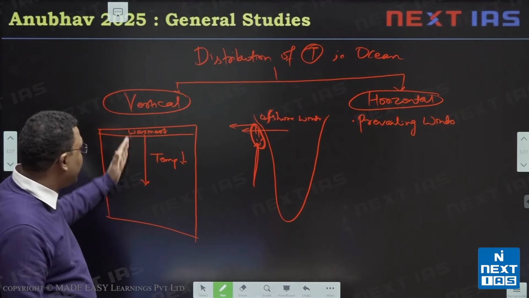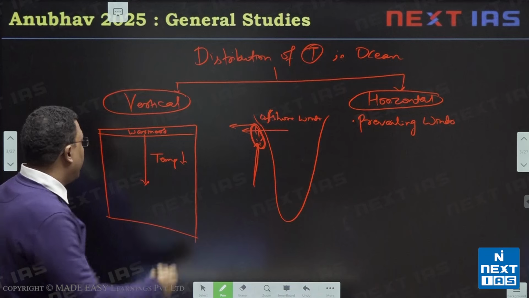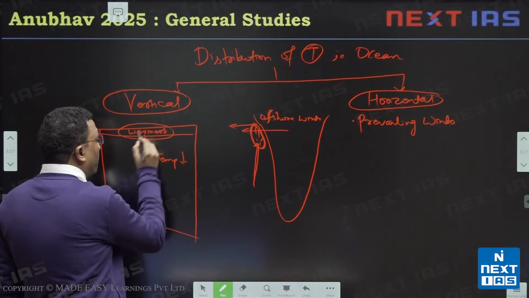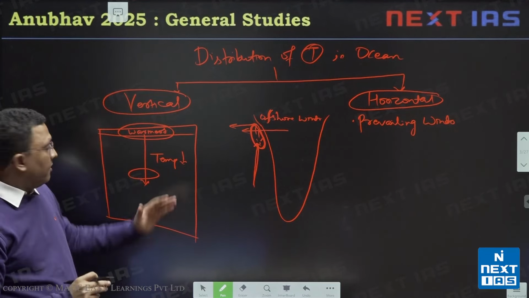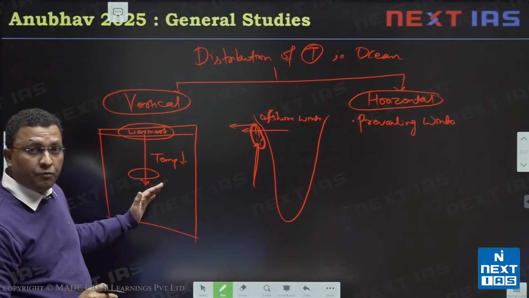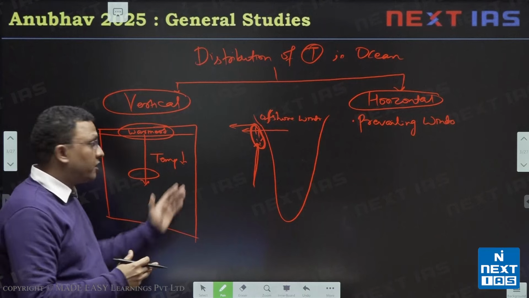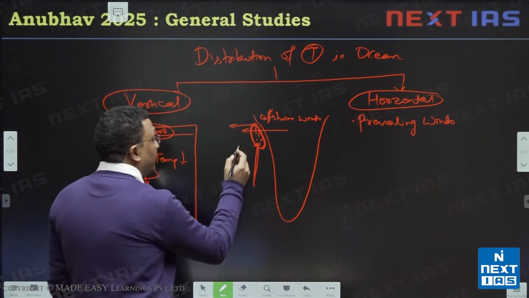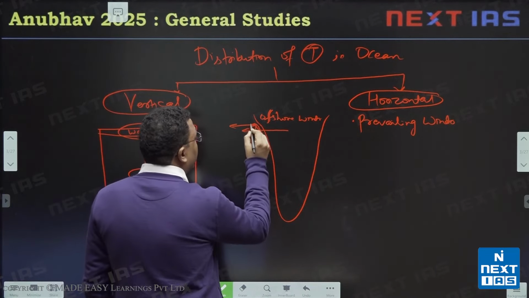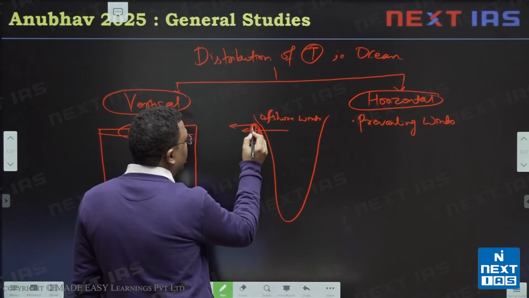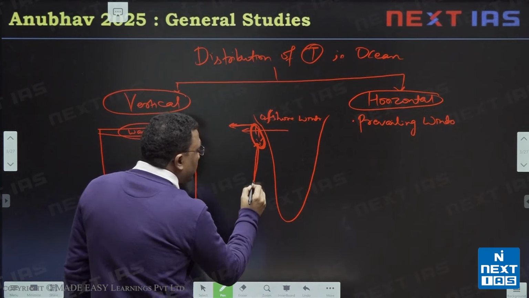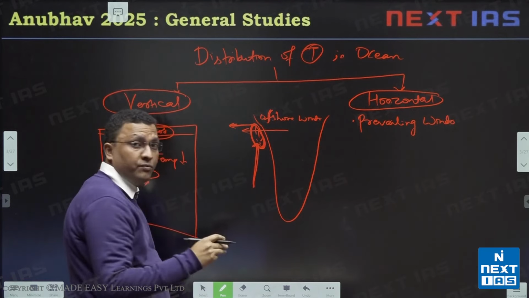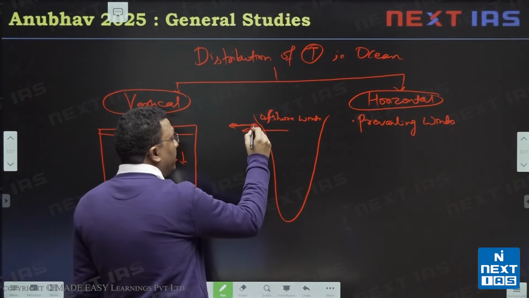Now we have already seen in the vertical distribution that surface water is warmer, and as you go deep down, the water below the surface will be colder as compared to surface water. So here surface water is moving away from the coast, that means warmer water is moving away, and water from below the surface which is colder is coming up near the coast.